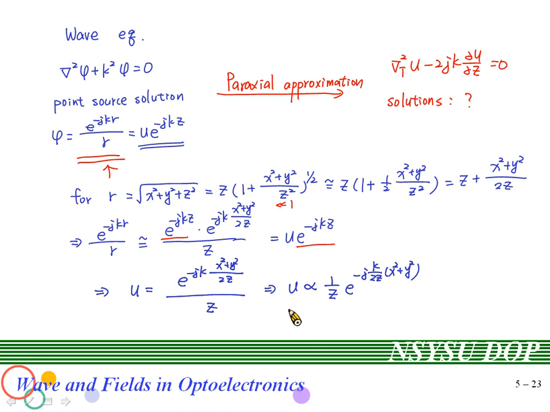Okay, as you obtain the result shown here, if you remember the h function, what is the h function? The h function is the impulse response of the diffraction system, right? And we know that the h function can be expressed as this one. Compare the h function and the result shown here.